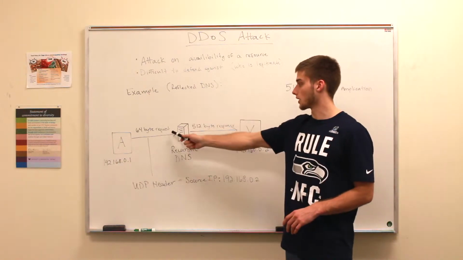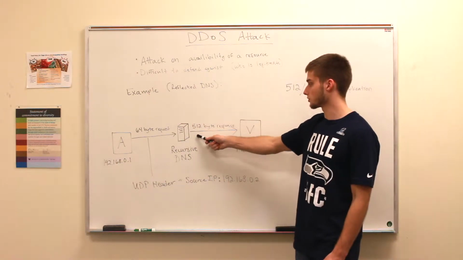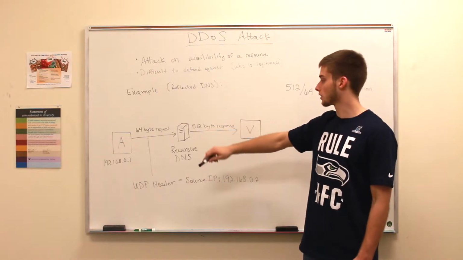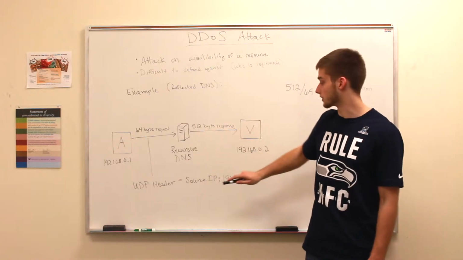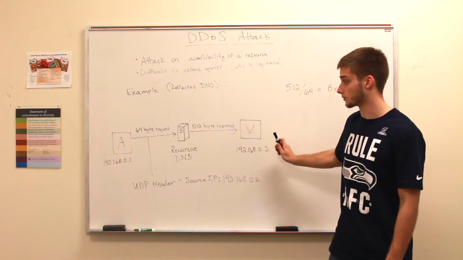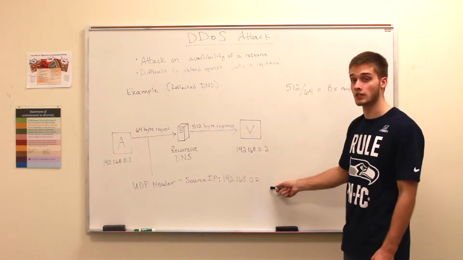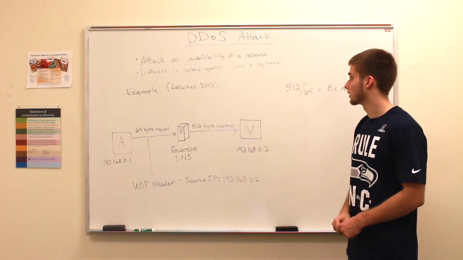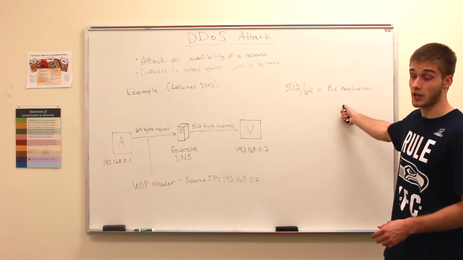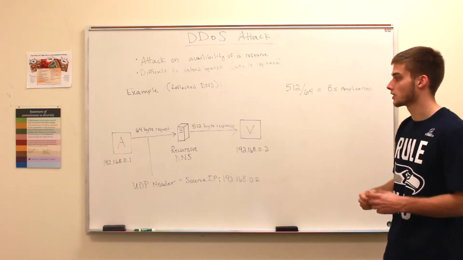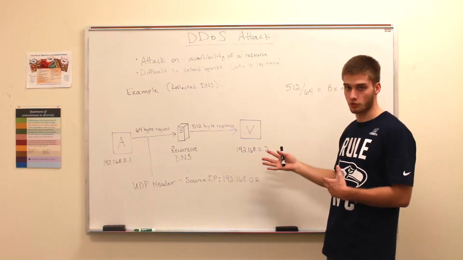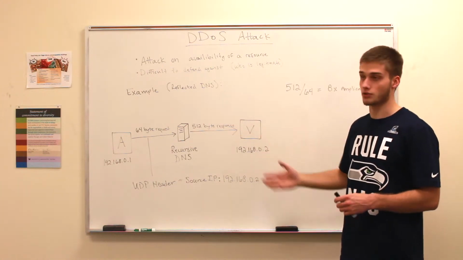So their 64-byte request turns into a 512-byte response, which the server believes it is sending to the person that requested it, but it's actually sending it to the victim because of the spoofed UDP header. That is an amplification factor of 8 times, and that's just one machine doing that against one server.